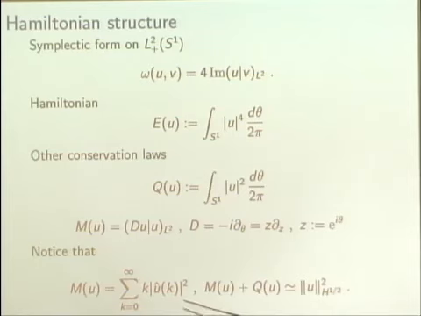Why? Just because you have only non-negative Fourier modes. So if you compute this object by means of Fourier coefficients, you get this, and this is essentially the H1/2 norm. So that's why I would like to solve it in H1/2, because I do have control of the H1/2 norm by means of conservation laws.